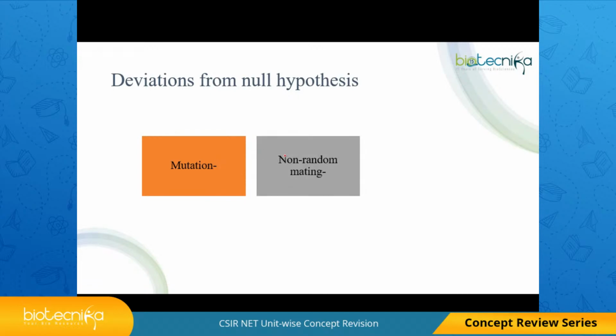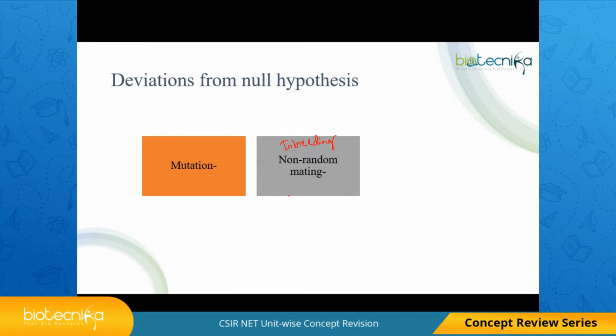Now, non-random mating is another disturbing element. Non-random mating can be in the form of inbreeding.